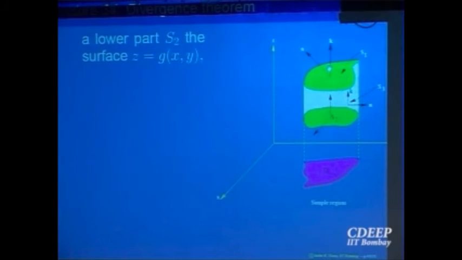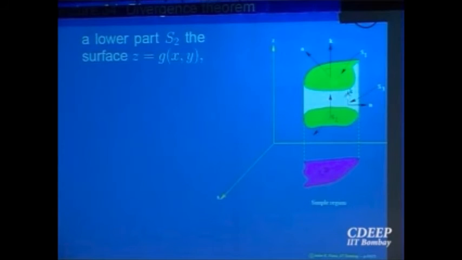Now to compute, we have to compute the angle, how much the angle is. On the side one, what will be the angle between the z axis and the normal? So that integral will vanish. Keep in mind that in Green's theorem also, on the sides, the two integrals vanish, on the curves C1 and C3, the vertical lines.